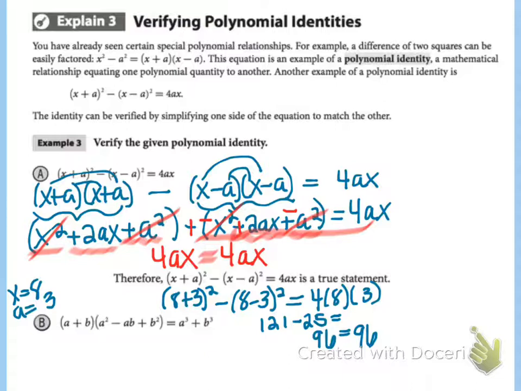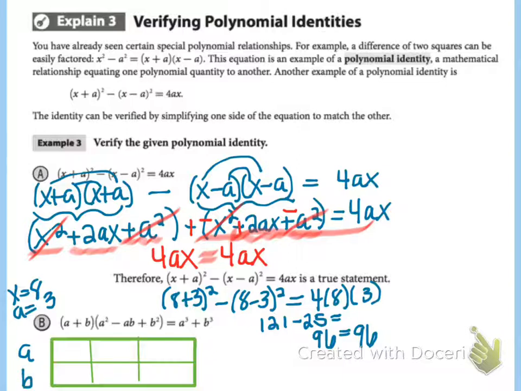So in B, we're going to verify this, and again, I'm going to use the box method. It's a little bit tight here, but I think I can fit it in if I write really small. So this is going to be a binomial times a trinomial. I've got a and b along the side, and I have a squared, minus ab, and b squared here.